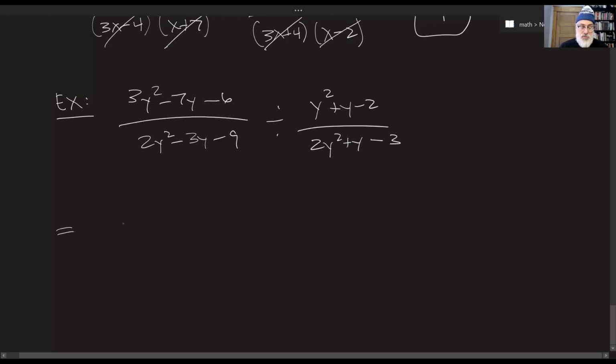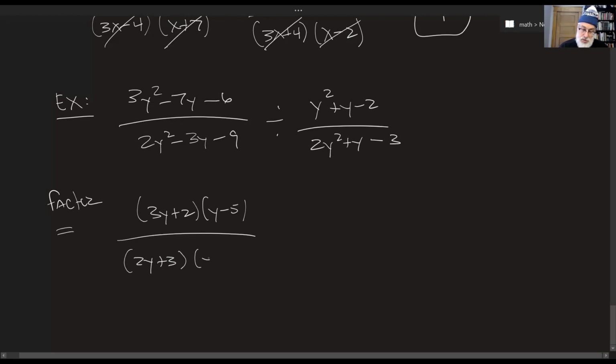So I'm going to factor these first. This becomes 3y plus 2, y minus 5. And this becomes y minus 3. And this becomes y minus 1, y plus 2, 2y plus 3.